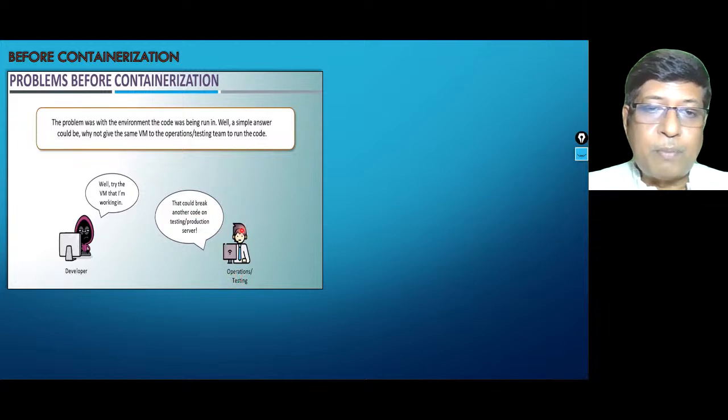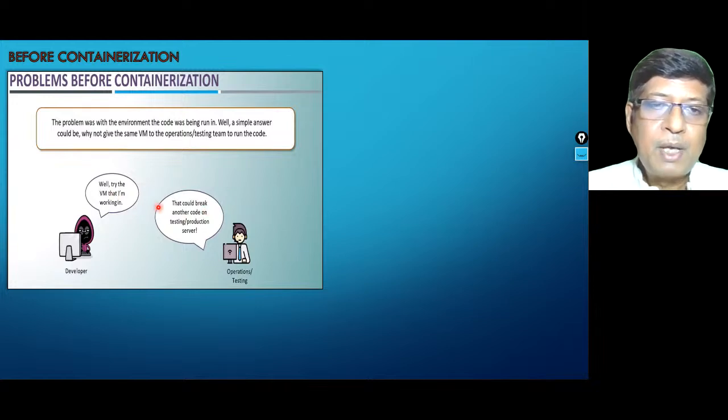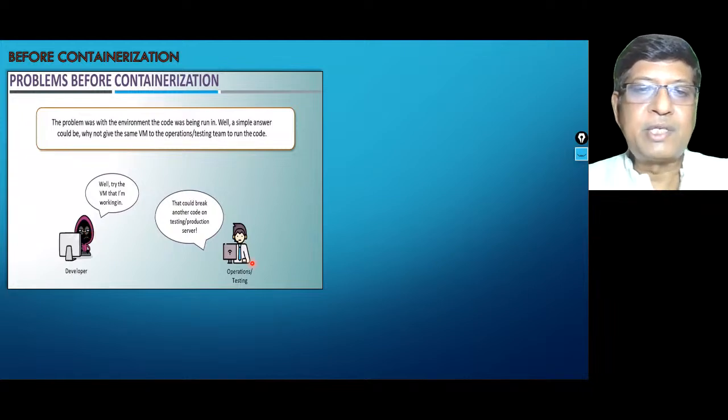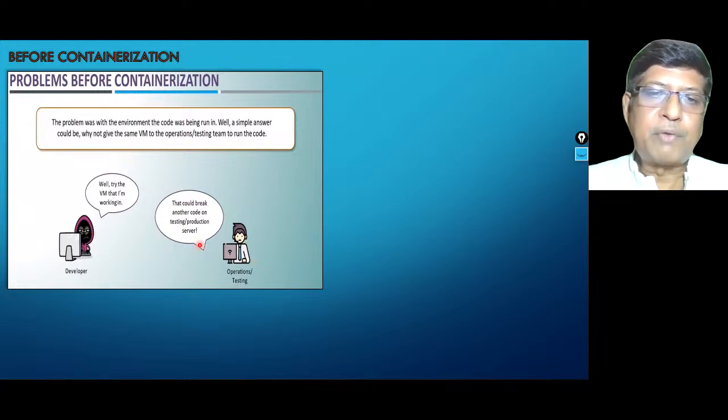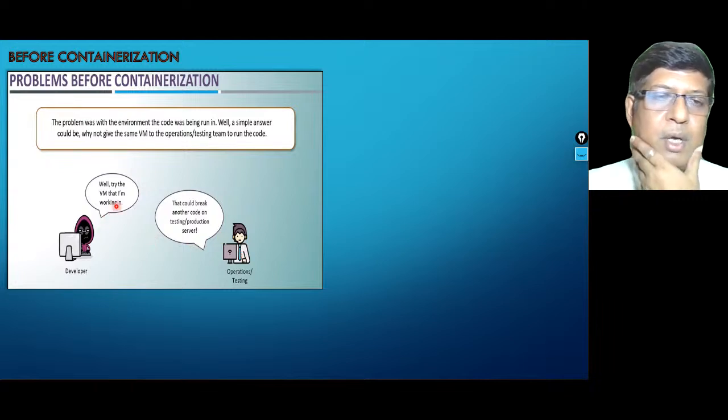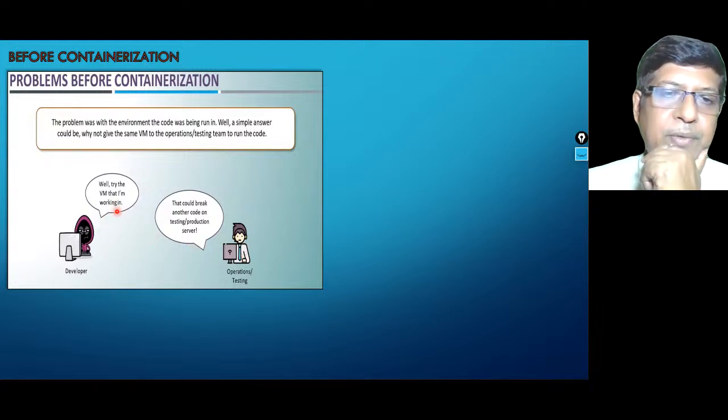So what the operations guy is saying is, if you give me a VM of say 3 GB, it could break another code on the testing or production server, because it is not only your code that is running. So there is a contention of memory. What will happen to the other programs or codes which are running on the same server? It can eat up the entire resources. So why do you give a 3 GB VM to me?